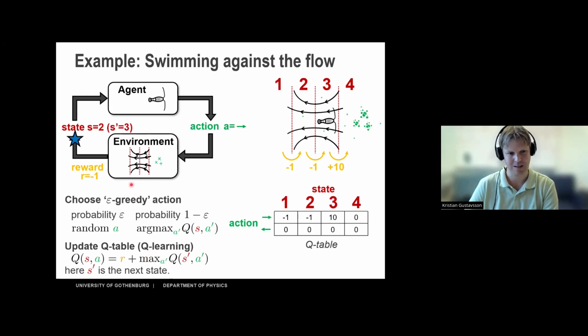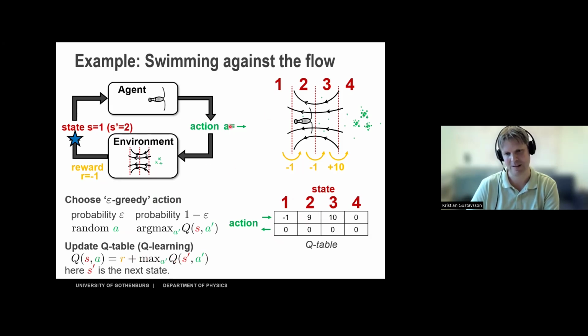So if we are at state 2, say, and move to state 3, so we moved from state 2 to state 3 to the right, and we got the reward of -1. That means that we have -1 here, but then we need to add the Q value of the next state, which is 3, and the best action at state 3, which is 10. So we add -1 plus 10, so that's 9.